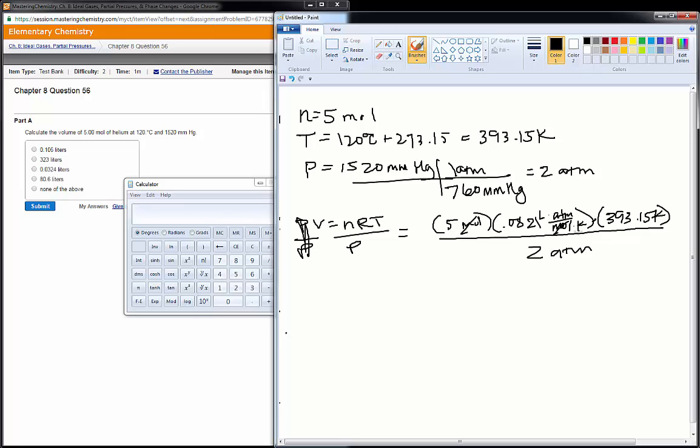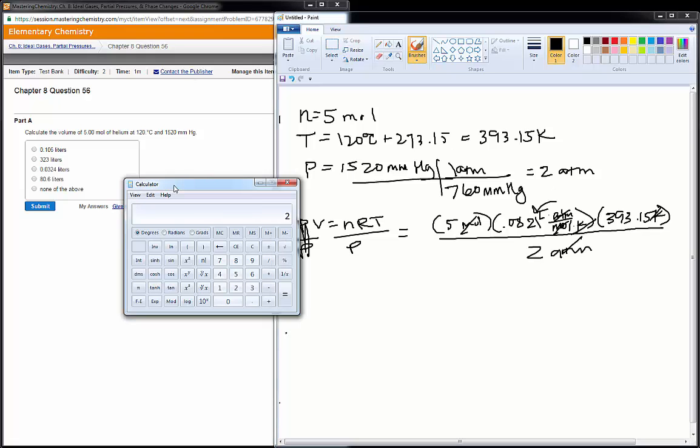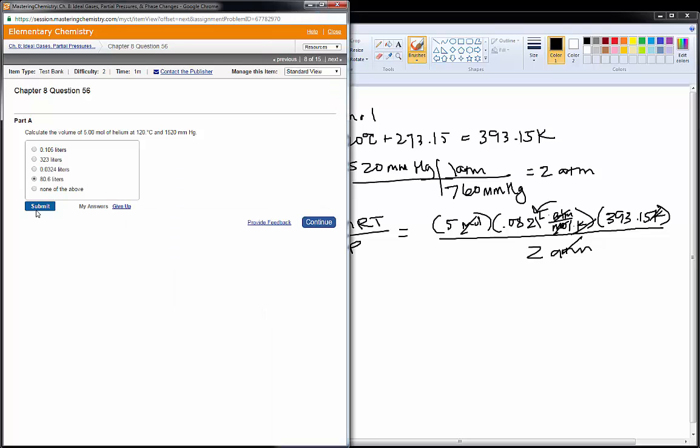So moles cancel, Kelvins cancel, atmospheres cancel, left with liters, which is what we wanted. 5 times 0.0821 times 393.15 divided by 2 gives me 80.6 liters.